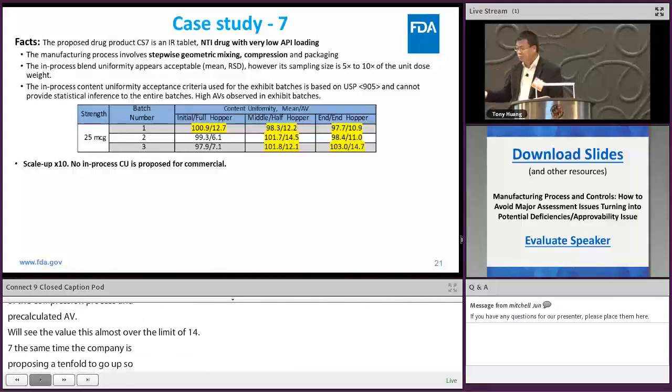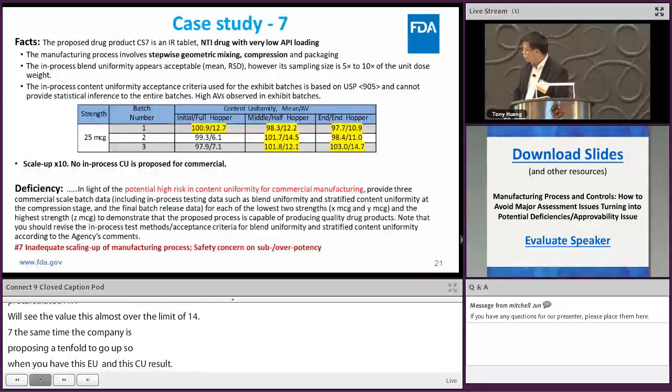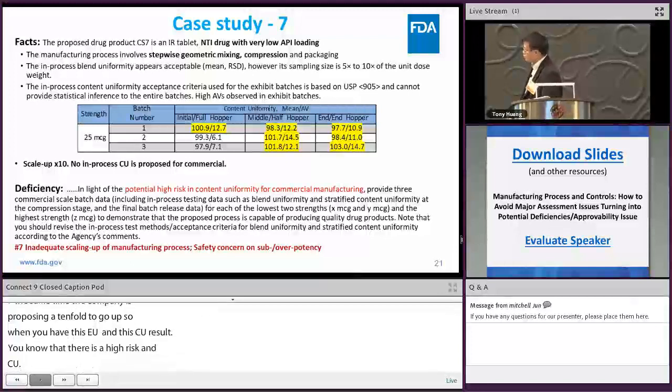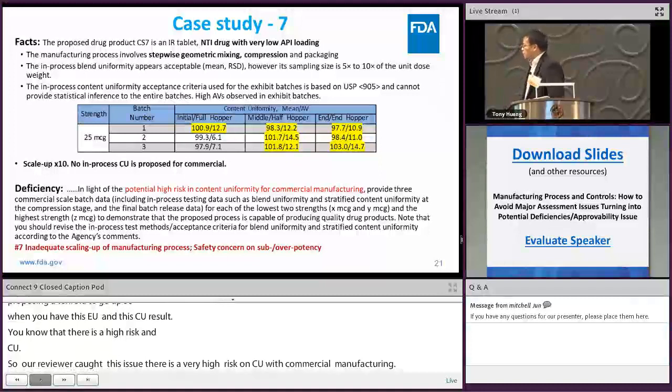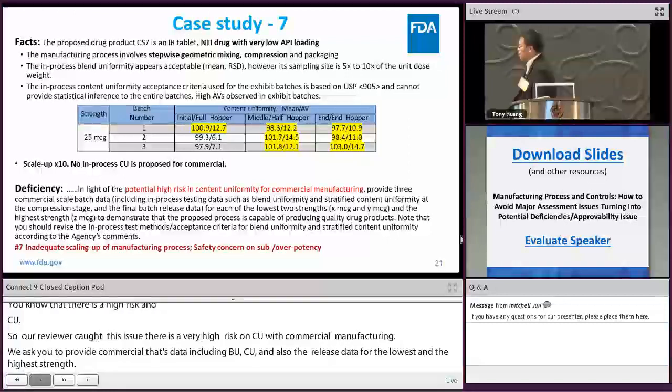risk in CU. So our reviewer caught this issue, and they said, since there is a very high risk in CU for commercial manufacturing, we ask you to provide 3 commercial scale batch data, including BU and CU, and also the release data for the lowest 2 strengths and the highest strength to demonstrate that the proposed process is capable of producing quality drug products.